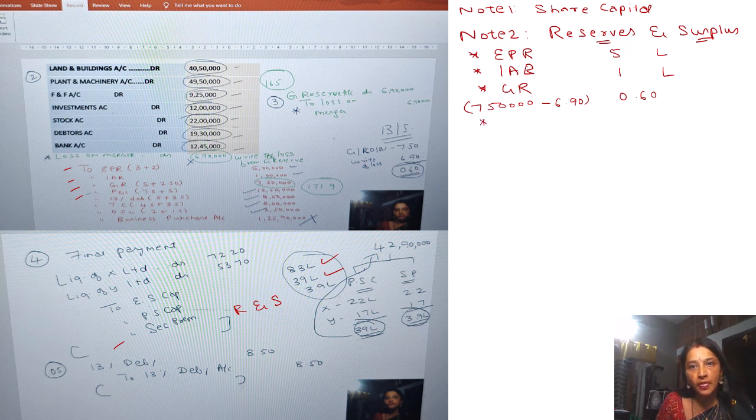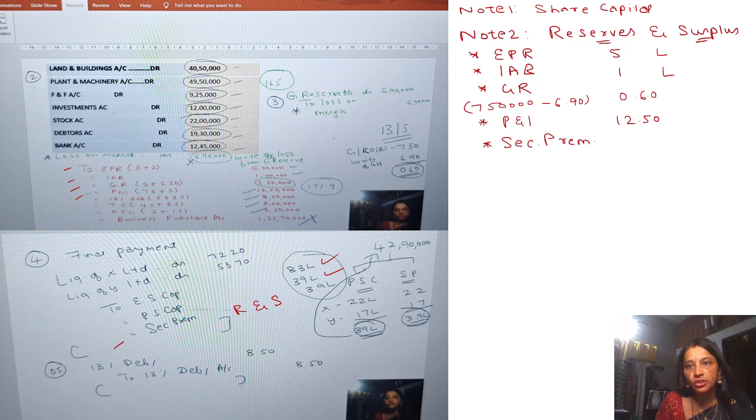Then profit and loss account. How much do you have? Profit and loss account, you have 12,50,000. Then you will take securities premium from the fourth entry. How much securities premium do you have?